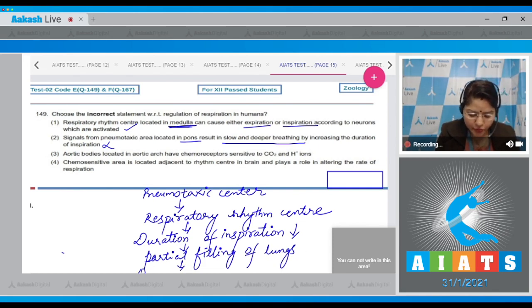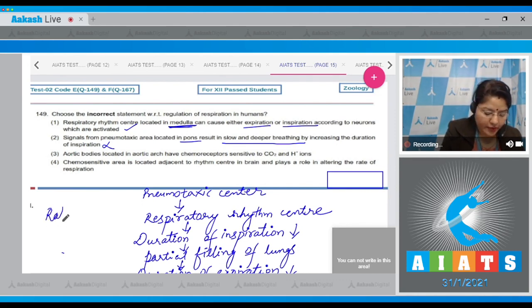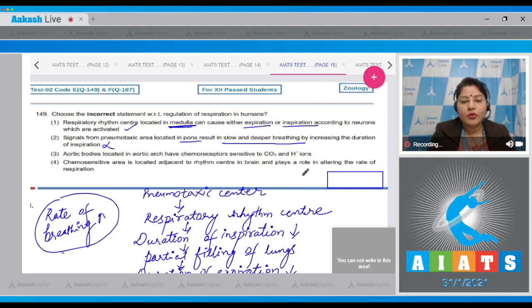As a result, duration of expiration also decreases, and finally rate of breathing increases. So when signals from pneumotaxic area comes, rate of breathing increases and shallow breathing occurs because you can see partial filling of lungs occurs. So this is an incorrect statement.